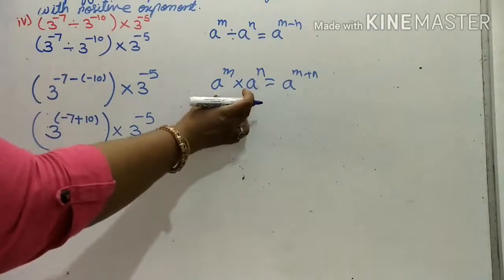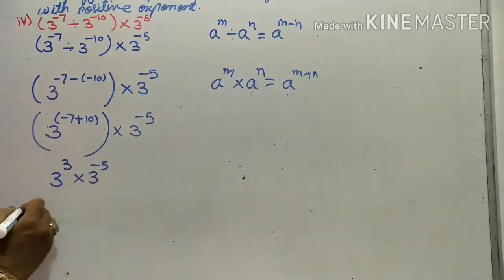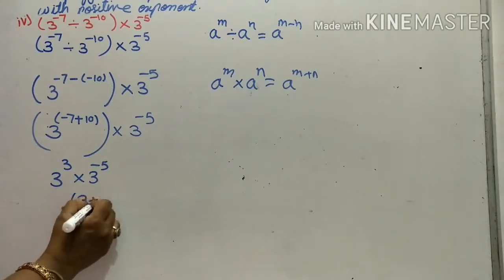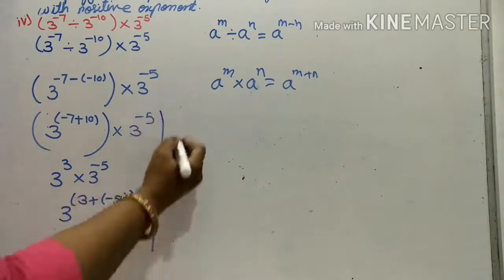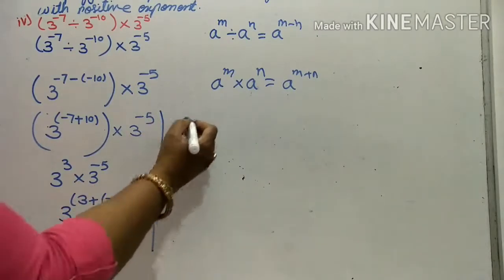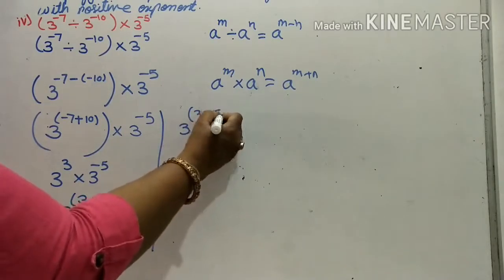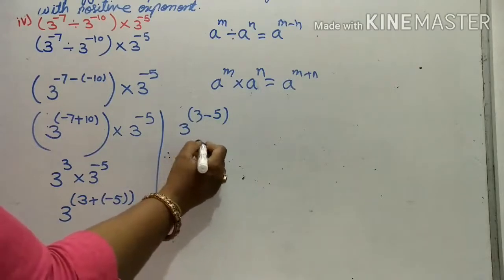If bases are equal, multiplication means we have to add the powers. Therefore, 3 raised to 3 plus minus 5 is 3 raised to minus 2.